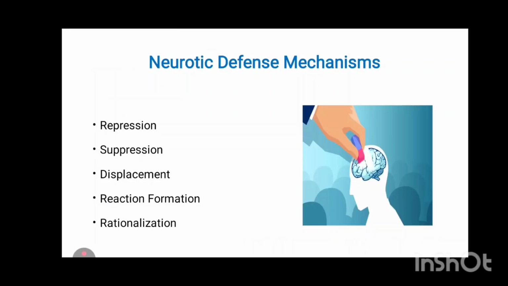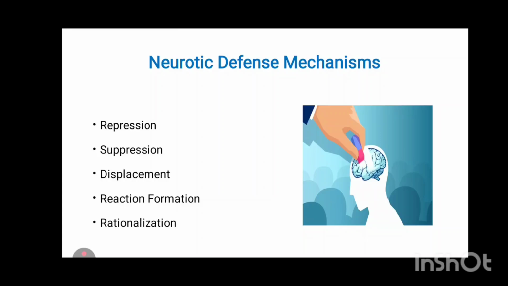This is pushing distressing thoughts out of awareness. For example, a student postpones thinking about exam results to focus on a family function. Here the person consciously tries to forget painful events.